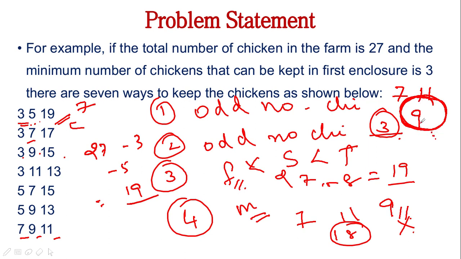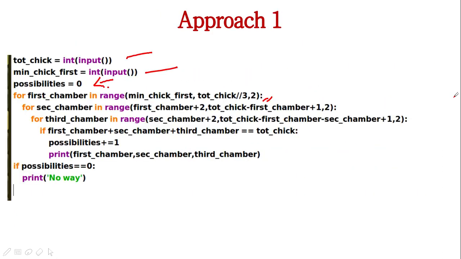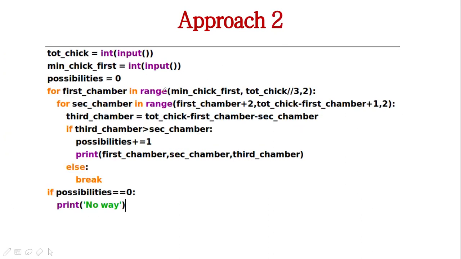As per the constraint, this should be greater than the second one also, right. So in approach 2, you should check whether the value of the third chamber is greater than the second chamber, then only you are going to print it, otherwise you should not print it, and you increment the count of possibilities when it comes, right. And if the possibility is 0, you have to print no way. Okay, thank you.